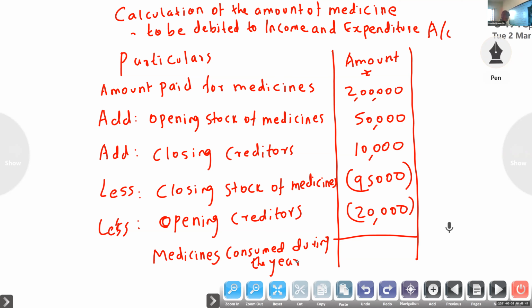Medicines consumed during the year: 1,45,000. Correct.